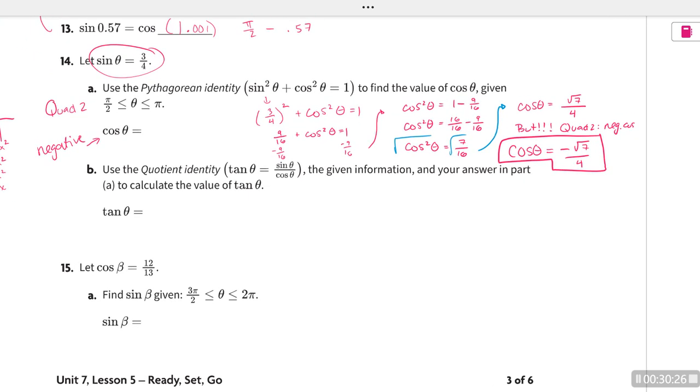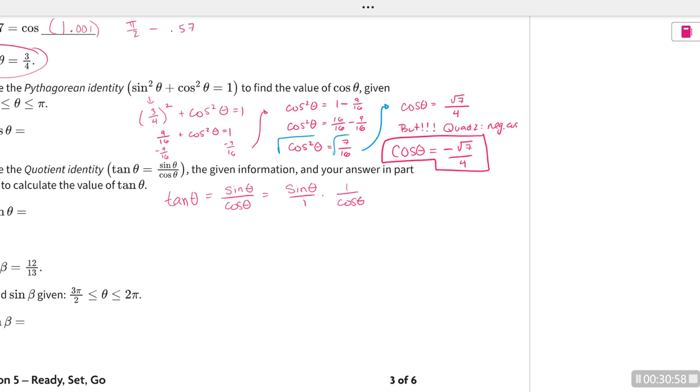Now it says use the quotient identity. Part B says use a quotient identity, which is tan of theta equals sine of theta over cosine of theta, the given information and your answer in part A to calculate the value of tan of theta. So tan of theta equals sine of theta divided by cosine of theta. Another way to think of that is sine of theta over 1 times 1 over cosine of theta.